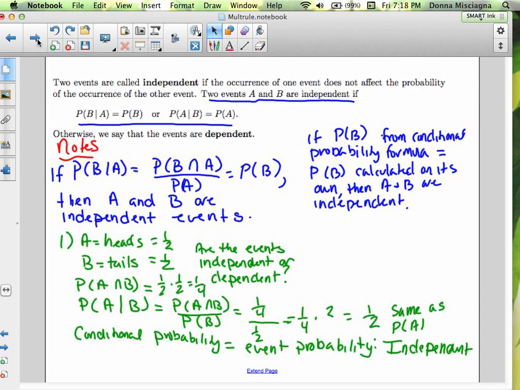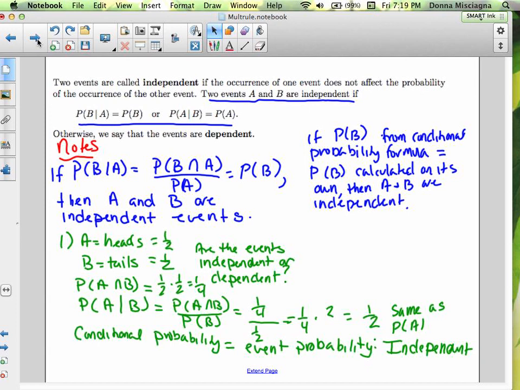If that conditional probability equals the same thing as the probability of B calculated on its own, then A and B are independent. So if the probability of B given A is exactly the same as the probability of B, then A and B are independent events.